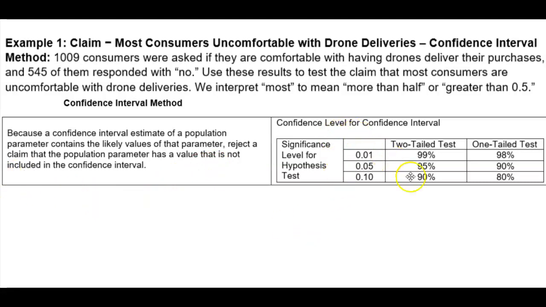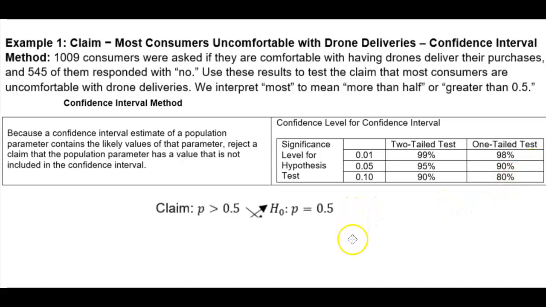So, for the confidence level of the confidence interval versus the significance level for the hypothesis test: for 0.01, the two-tailed test is 99% and the one-tailed test is 98%. For 0.05, the two-tailed test is 95% and the one-tailed test is 90%. For 0.10, the two-tailed test is 90%, and the one-tailed test is 80%.